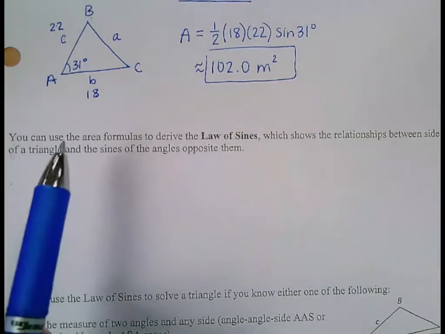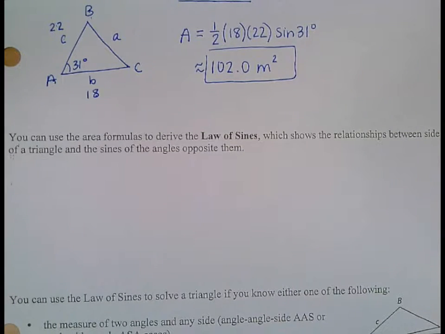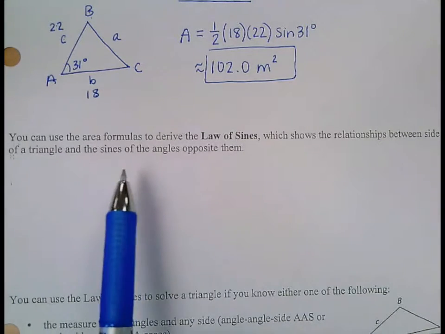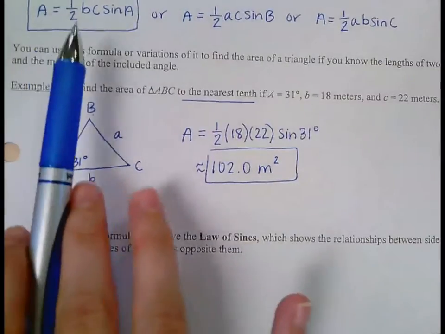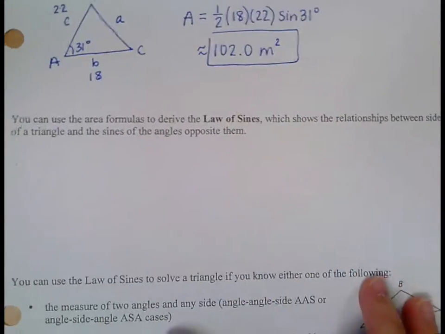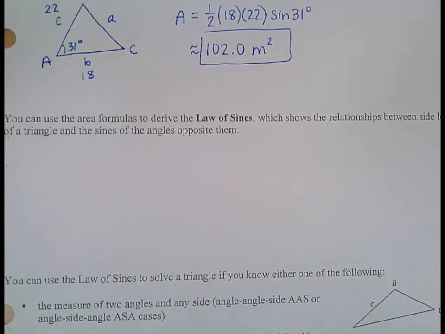The next part is actually defining what the law of sines is, and you can use the area formulas, these 3 variations we have up here, to derive the law of sines. This shows the relationships between side lengths of a triangle and the sines of the angles opposite them.